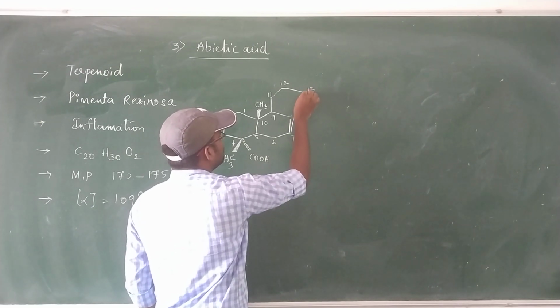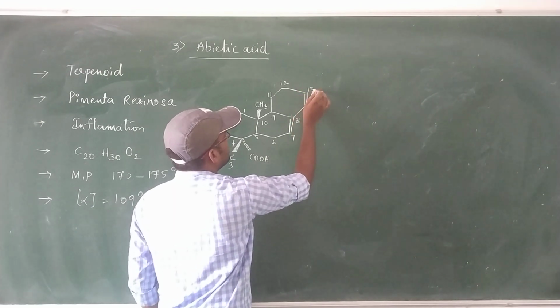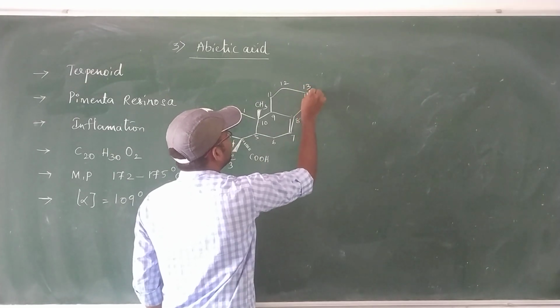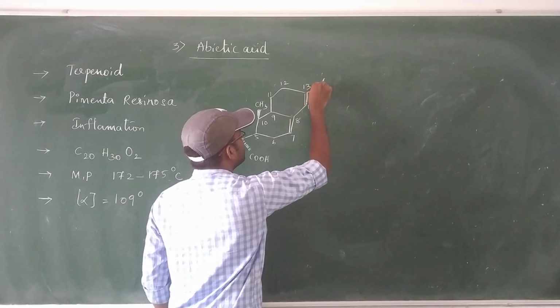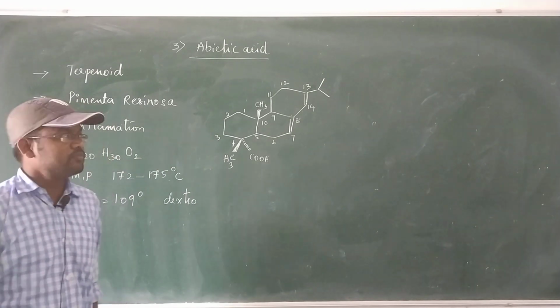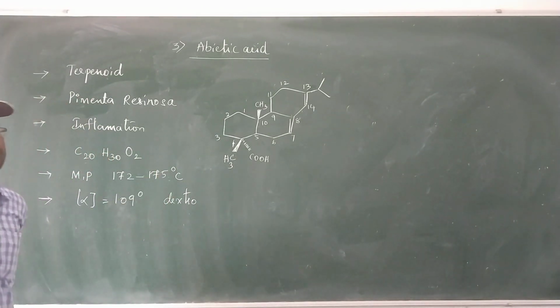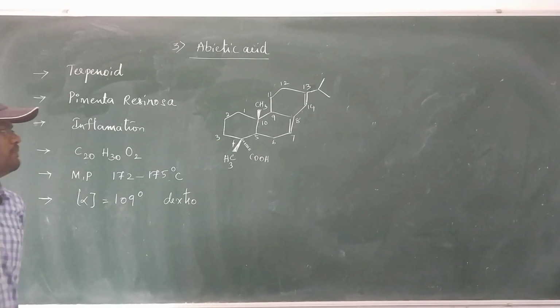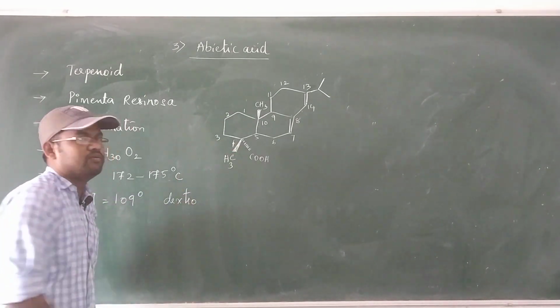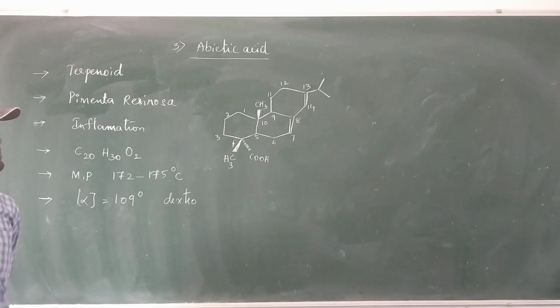In between 13 and 14 there is a double bond. At the place of 13, an isopropyl group. This is the abietic acid structure. Abietic acid has three rings, and the fourth carbon atom has CH3 as well as COOH, the 10th carbon atom has a CH3 group, and the 13th carbon atom has an isopropyl.